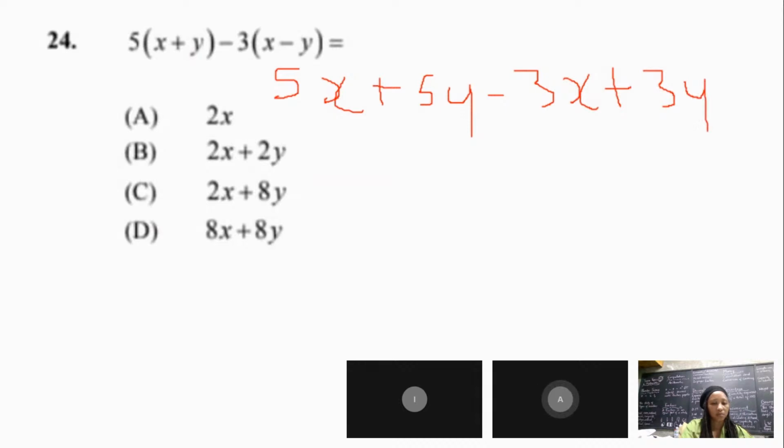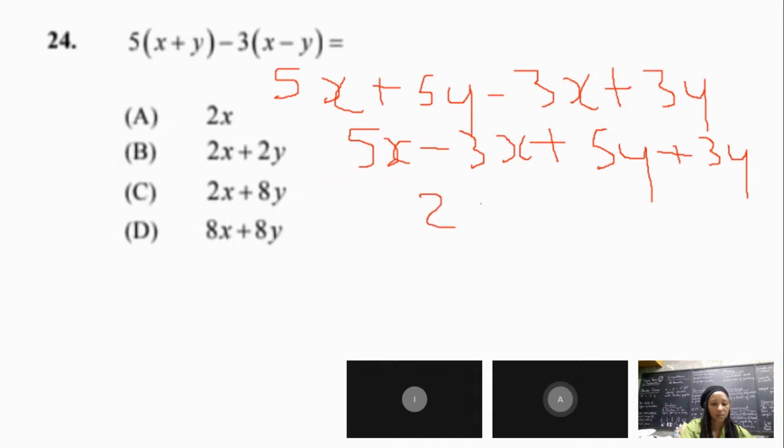Then we can group the like terms, which are 5x and negative 3x, and 5y and 3y. So we're grouping the x's and we're grouping the y's. And if we add those together, we get 2x plus 8y. So the answer is C.